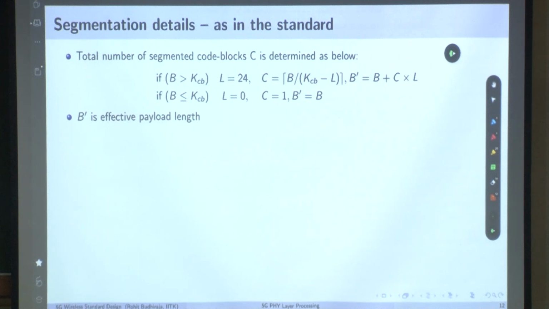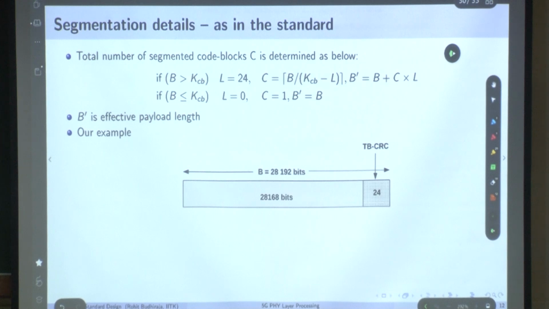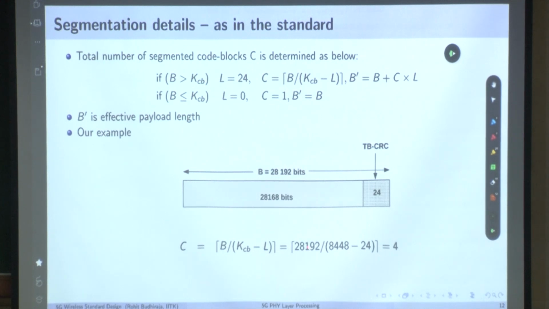There is an extra notion of filler bits. So in our example, what is this? This was B. If you substitute these numbers, B is 28192, KCB is maximum 8448 minus 24, and you get C as 4. And then B dash, if you substitute these numbers, B plus C times L, you get 28288.